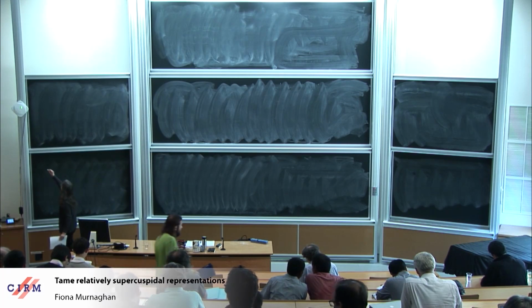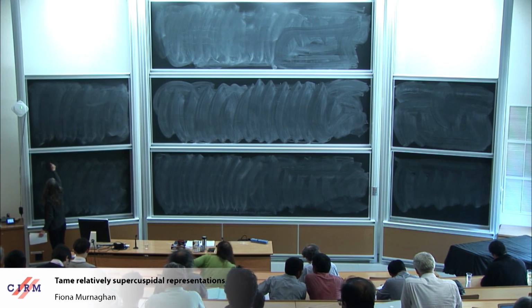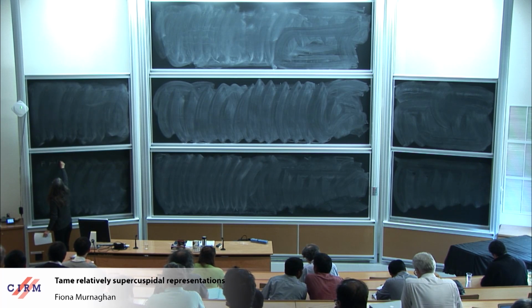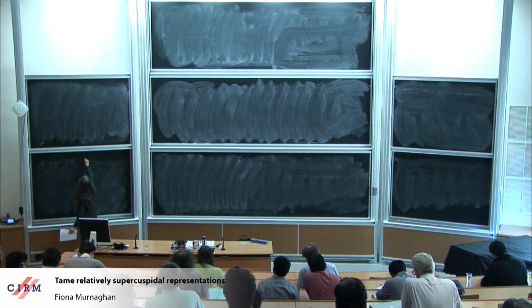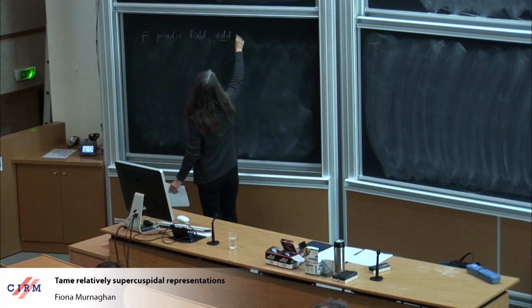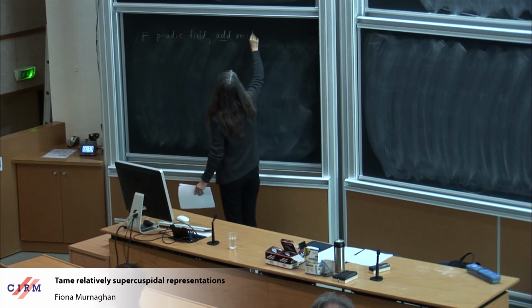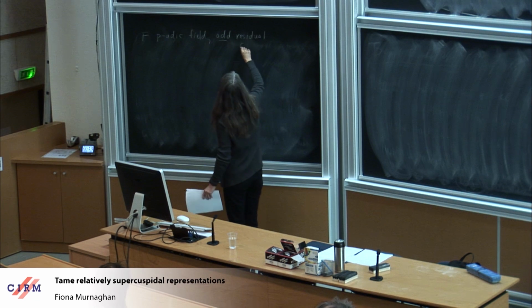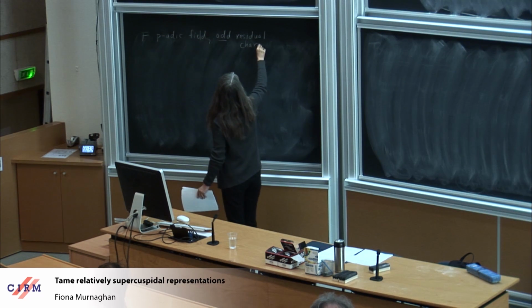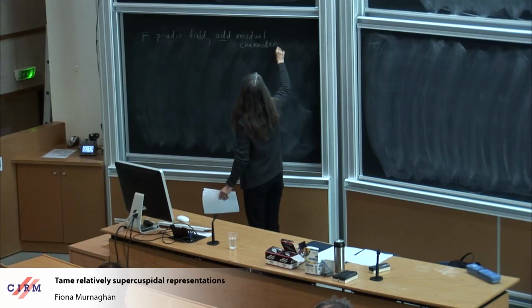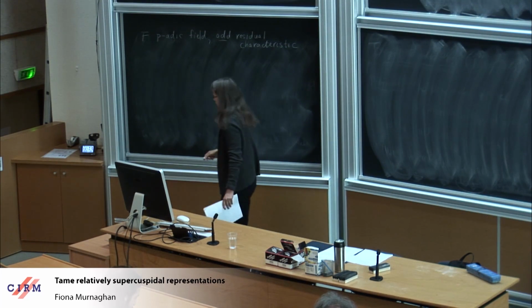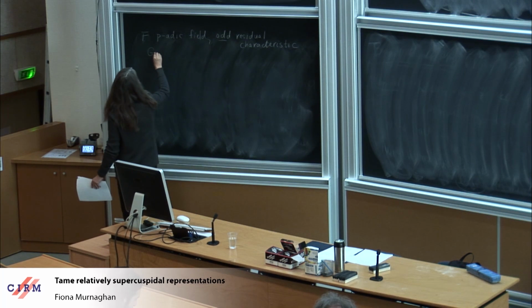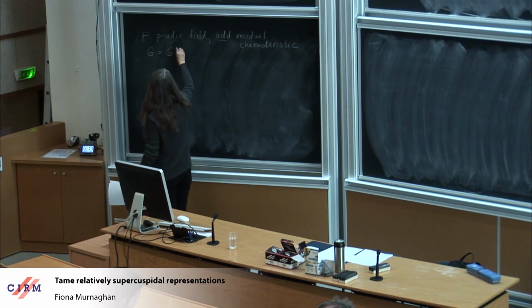So in this talk, F will be a p-adic field of odd residual characteristic. G will be a connected reductive p-adic group.